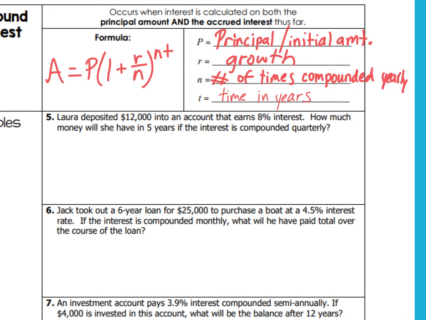So we'll read through number 5. It says Laura deposited $12,000 in an account that earns 8% interest. How much money will she have in 5 years if the interest is compounded quarterly?